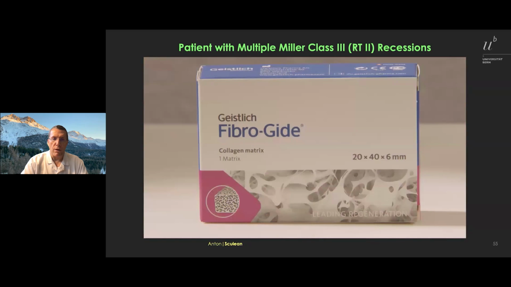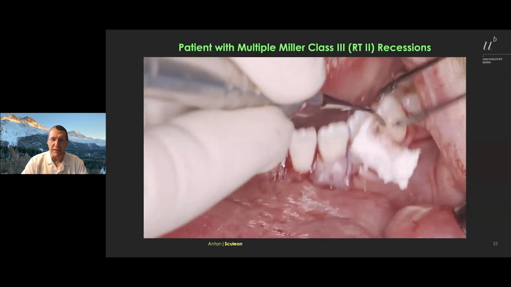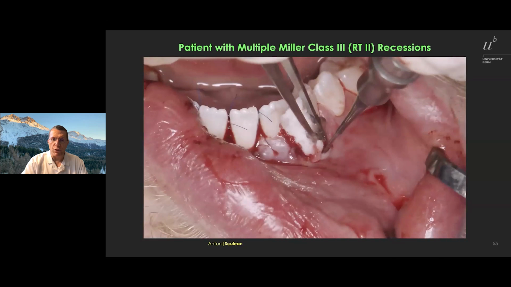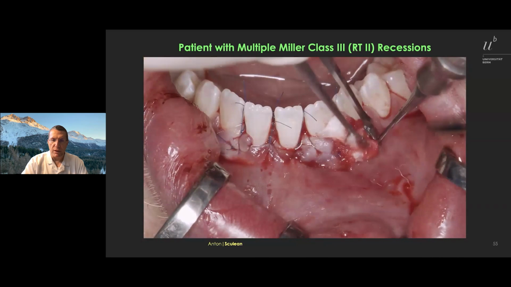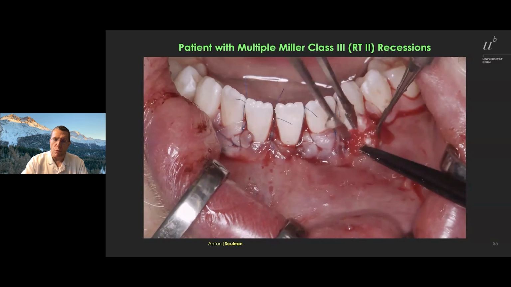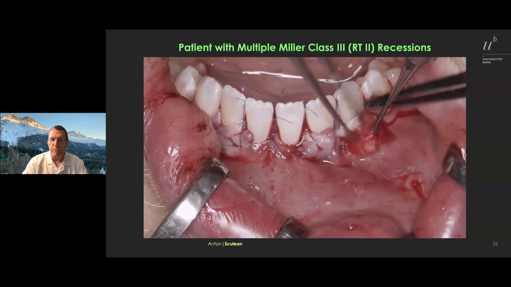So now we take the material. However, please keep in mind that the material cannot be sutured alone. When you insert the material in the tunnel, you need to be very careful, cut smaller pieces, smaller slices.